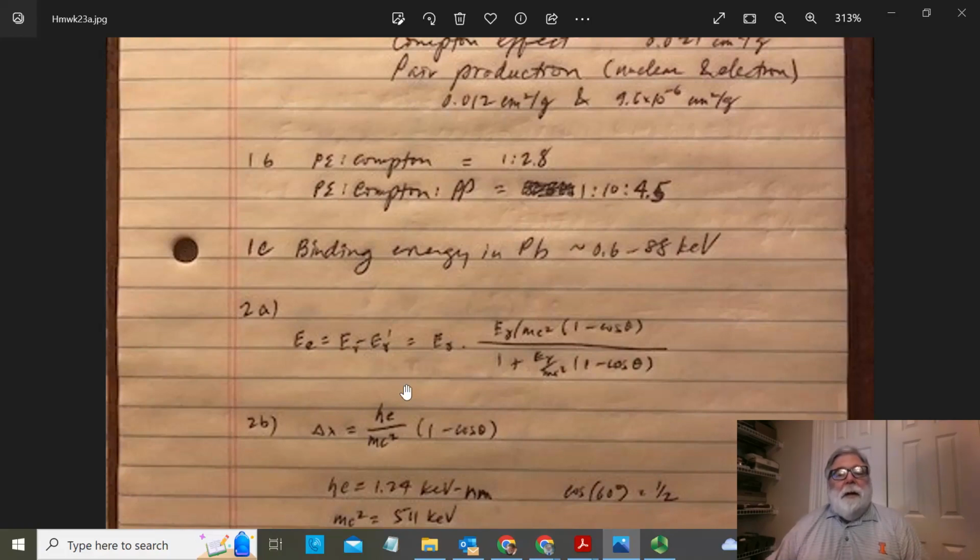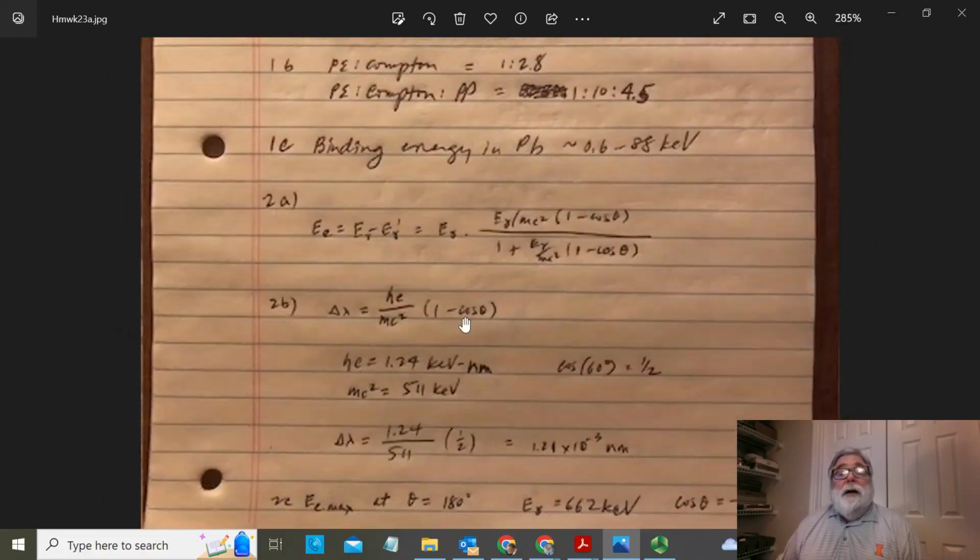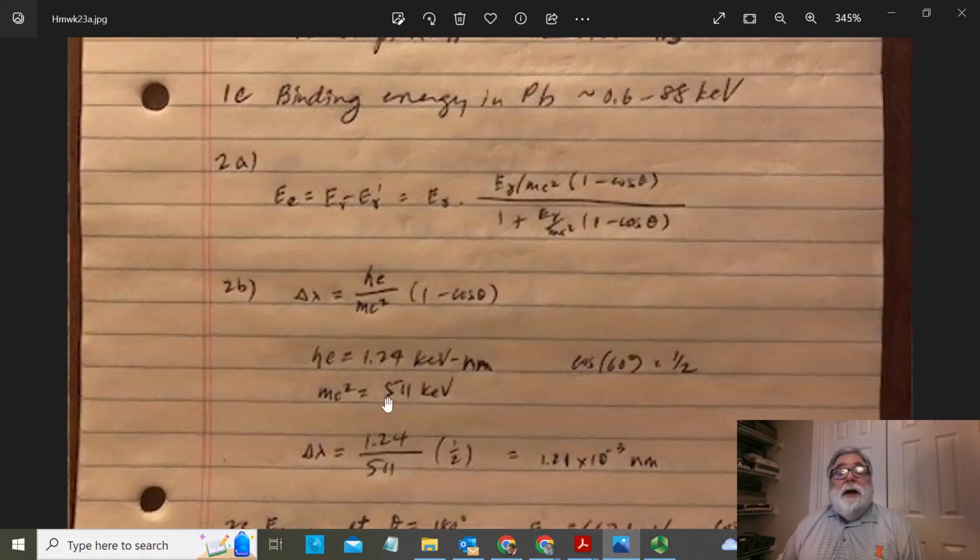So I'm going to put a c, speed of light, in the numerator and denominator. That way I know hc. And I know mc squared for the electron. That's 511 keV. That way I've got two constants that I know the value of. hc is 1.24 keV nanometers, and mc squared, as I said, is 511 keV.